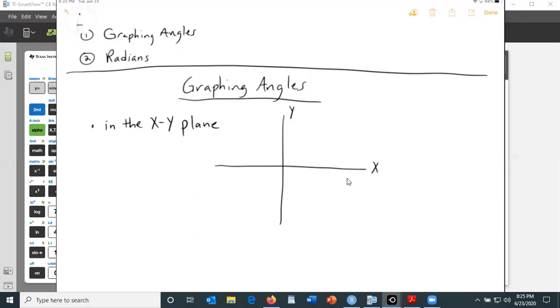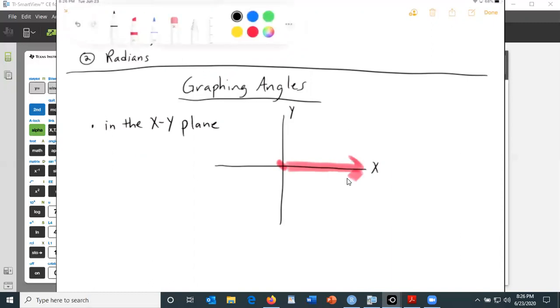So the fixed side would be this side. We call this the initial side of the angle. And then the other arm of the angle will rotate either clockwise or counterclockwise.